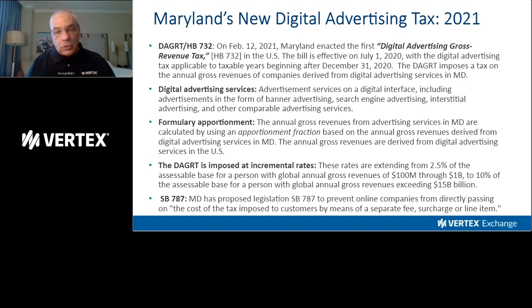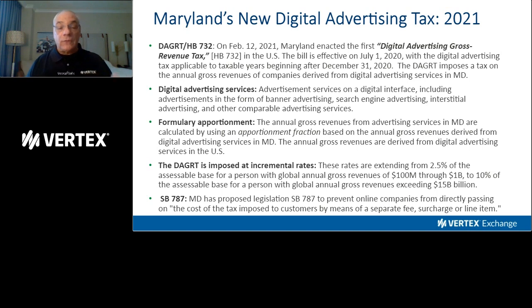Now, this is a gross receipt revenue tax, but on the other hand, it is similar in portion to state income taxes, except within a gross receipt regime framework.